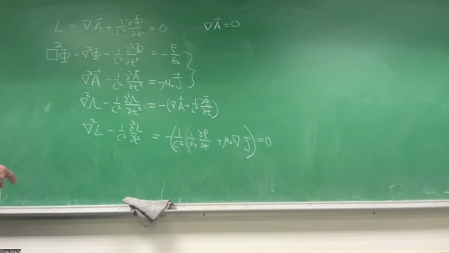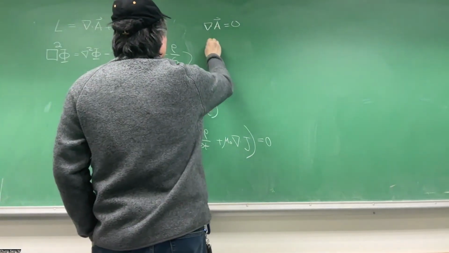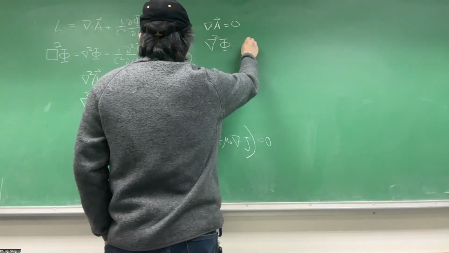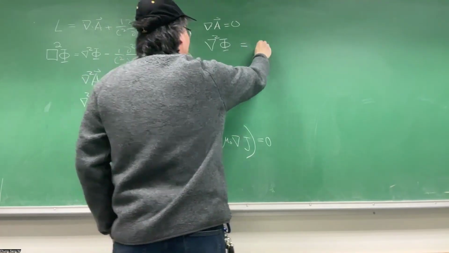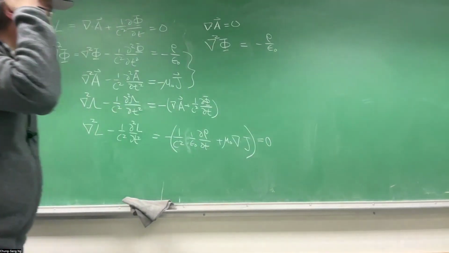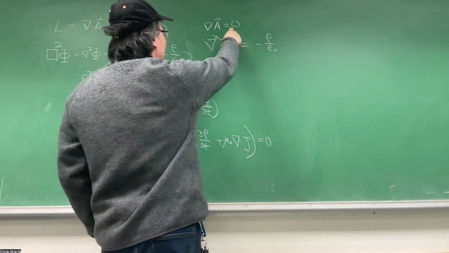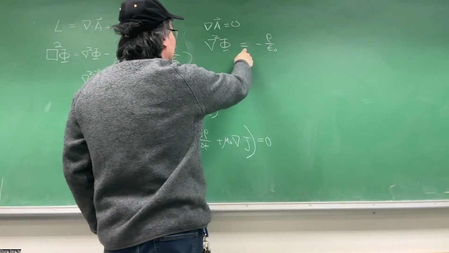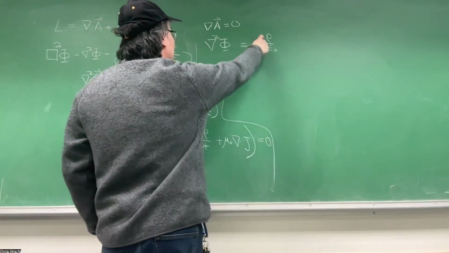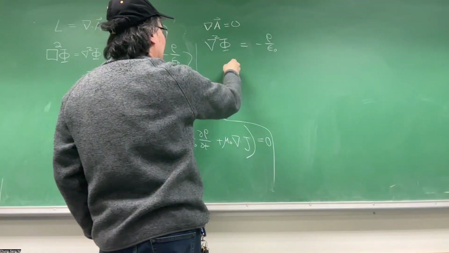The equation for phi is actually simple. It's just the same Poisson equation, except that now rho can be a function of time also. In electrostatics, rho is time independent, but for this Coulomb gauge, after you impose that, it is the same Poisson equation with the exception that rho can be time dependent, but the solution should be the same.